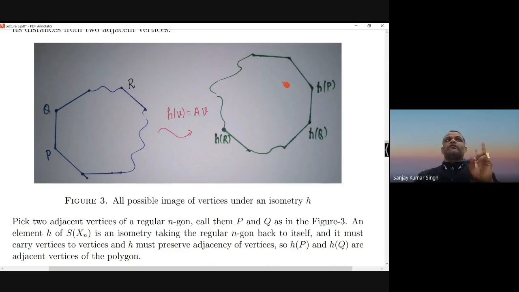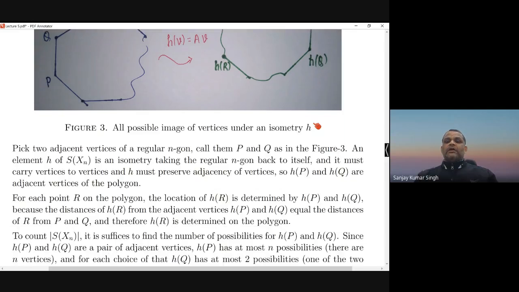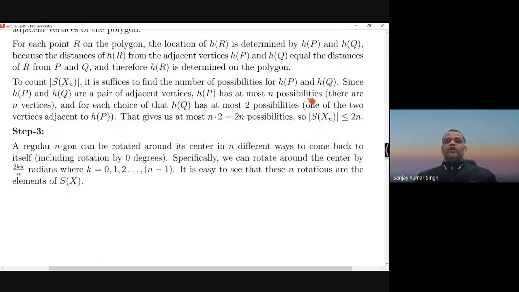So HQ has only two possibilities: either HQ will be here or HQ will be here, because it should be adjacent to HP. And hence, the number of choices of HP and HQ is less than or equal to n times 2, which is 2n. And that's why the order of this group is always less than or equal to 2n. So far, any question?